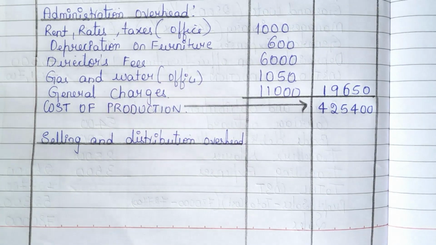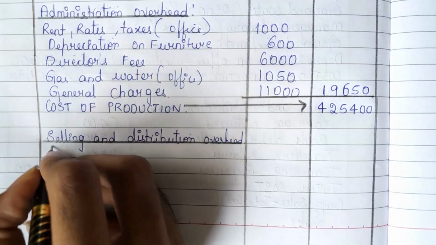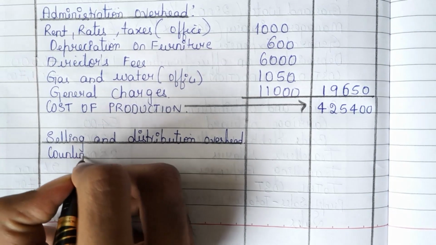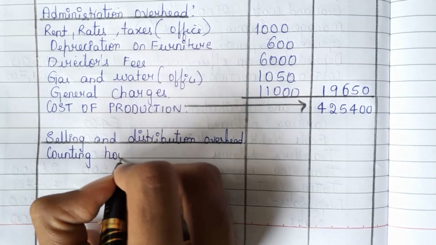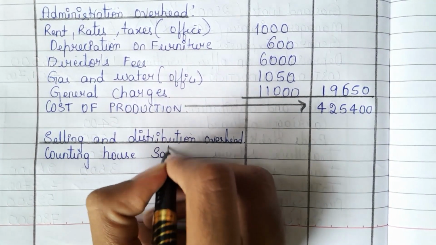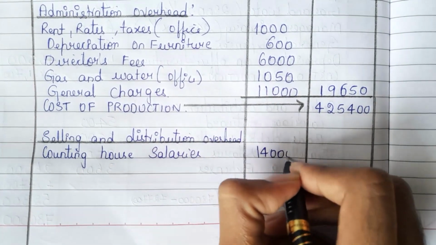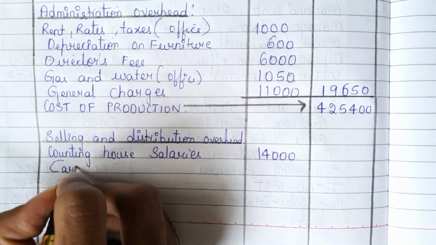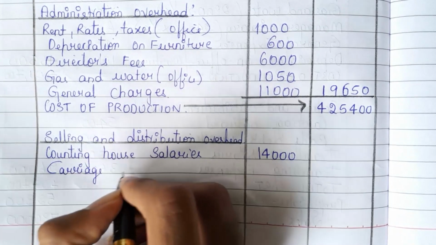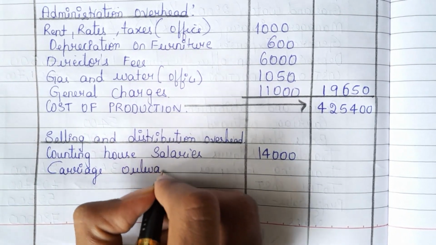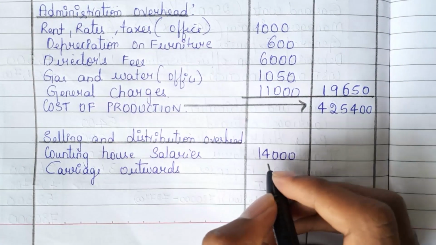Counting house means some people kept to count the stock in the warehouses. Those people come under selling and distribution overhead. How much are counting house salaries? It is 14,000. Then to deliver the goods to the customers, you would have taken a carriage, that is carriage outwards.